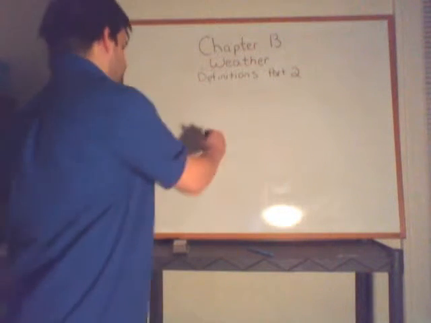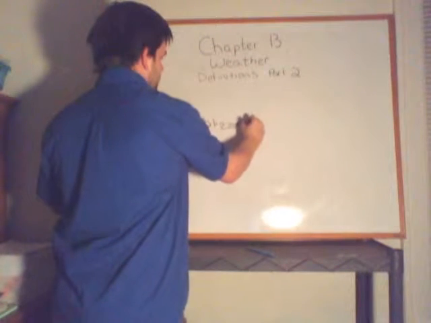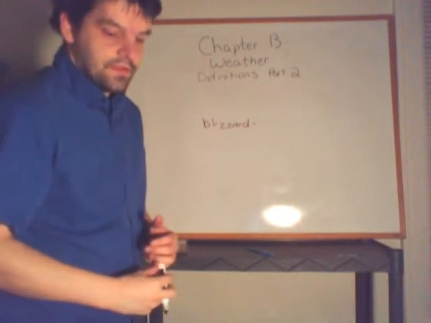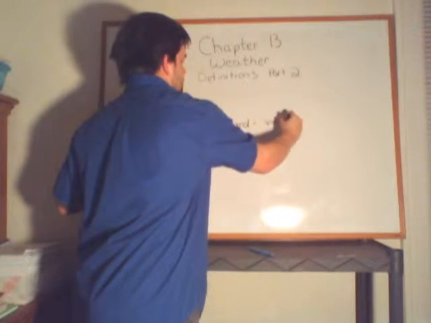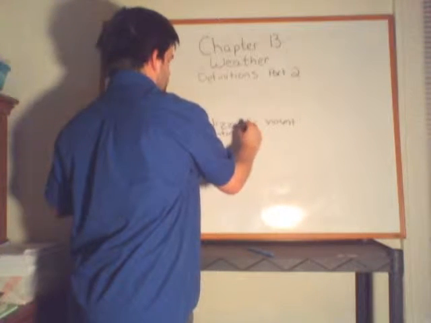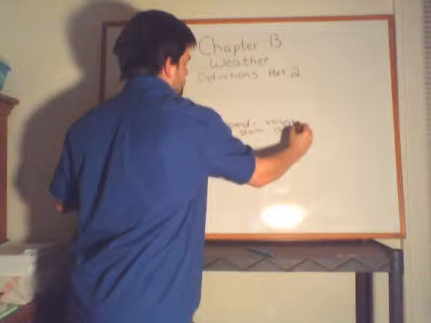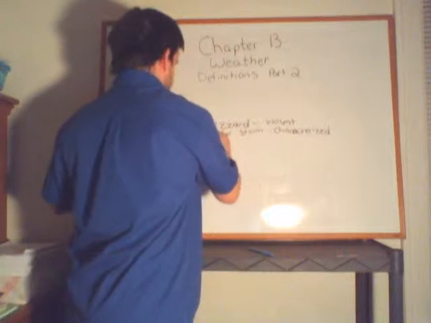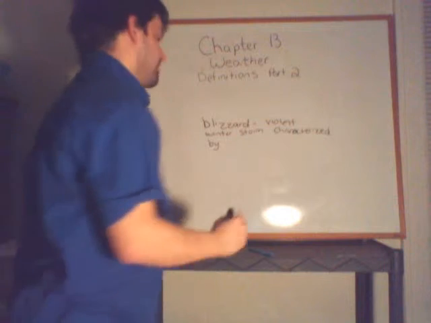Okay, this next definition is blizzard. So when we think of a blizzard, we think of an intense snowstorm, and that's basically what it is. It's a violent winter storm characterized by freezing temperatures, strong winds, and blowing snow.